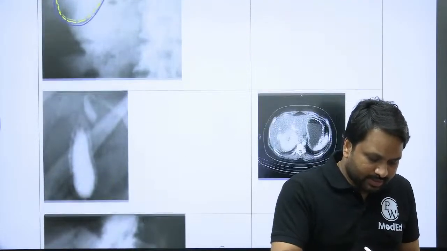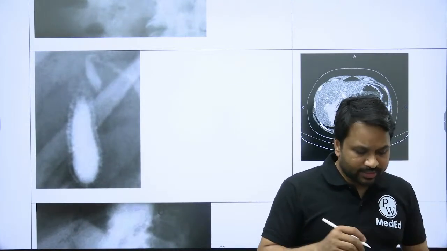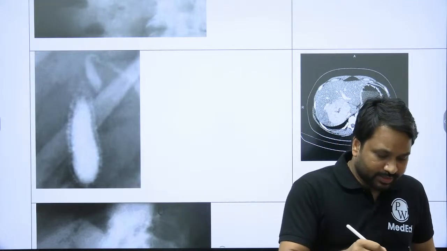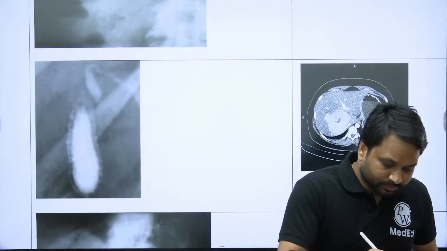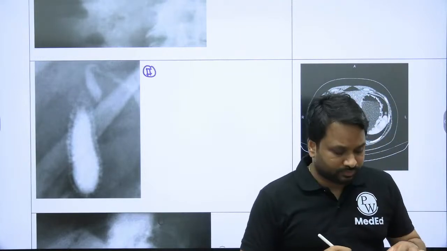Now, look at this image. In this image, you can see that there are multiple outpouchings present, and this is what we call gallbladder diverticulosis, right?